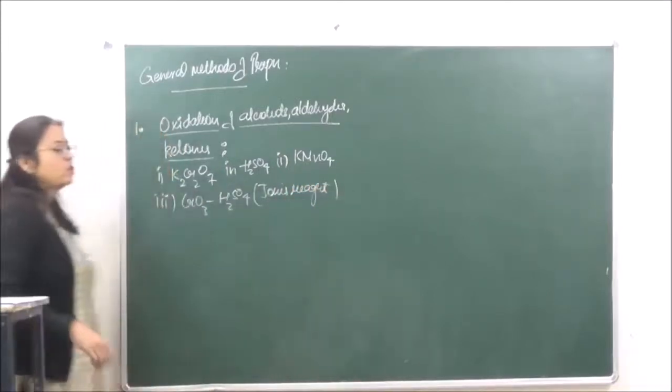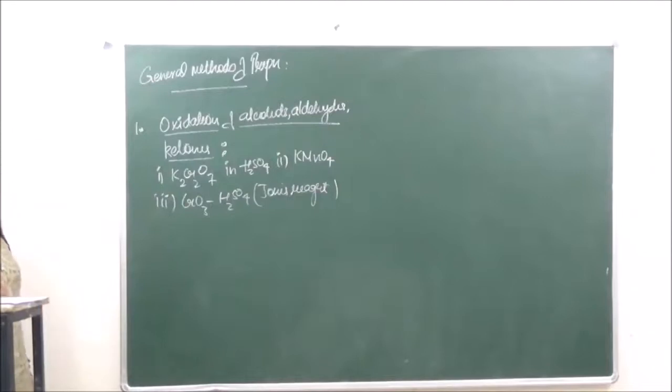This is going to be the Jones reagent. So we can use either potassium dichromate, potassium permanganate, or chromium trioxide in H2SO4.